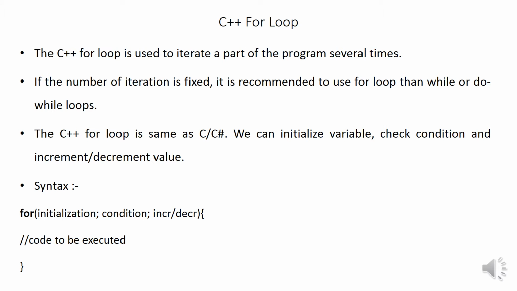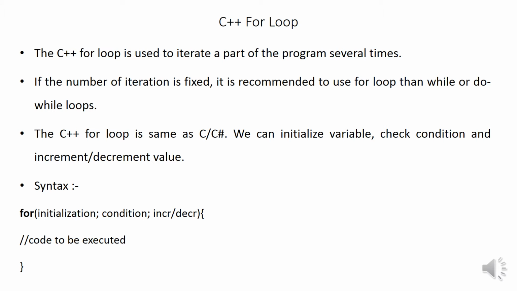So friends, basically a loop is used to iterate part of the program several times. We have to execute our specific code up to the specific iteration until we reach the final condition.